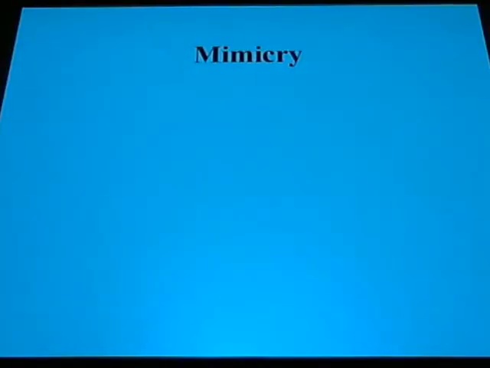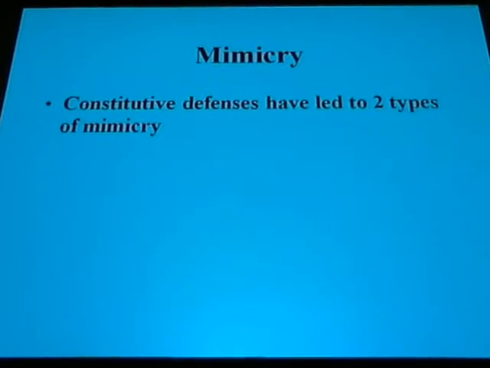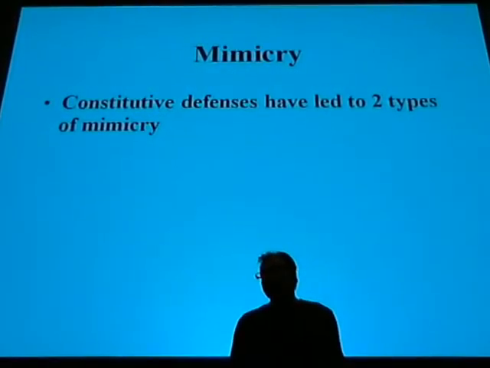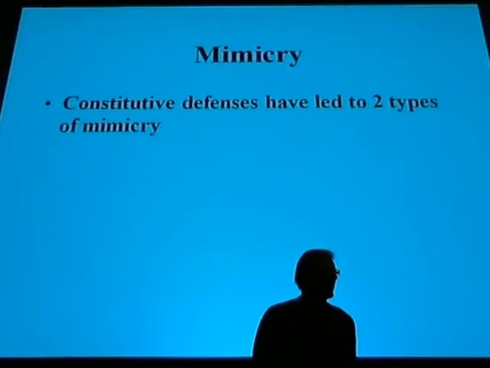But where there's that kind of communication, there is mimicry. Mimicry is something that constitutive defenses have produced. There are two types of mimicry. Mimicry is when you look like something else. Right? And you can look like something else because, by gosh, you really are like that something else, and we're going to look together so you recognize that.